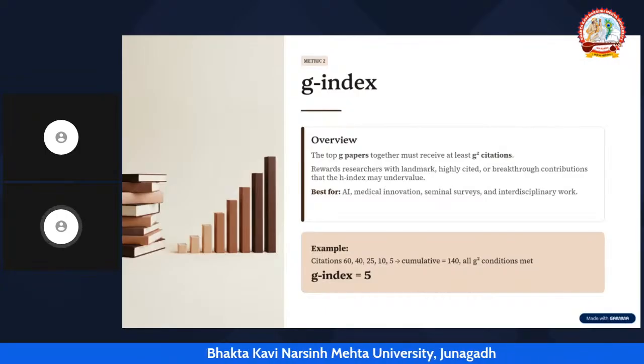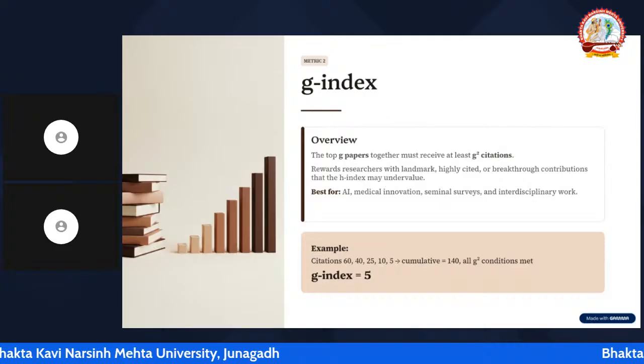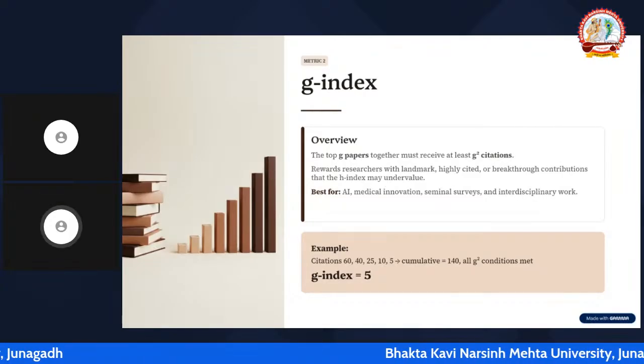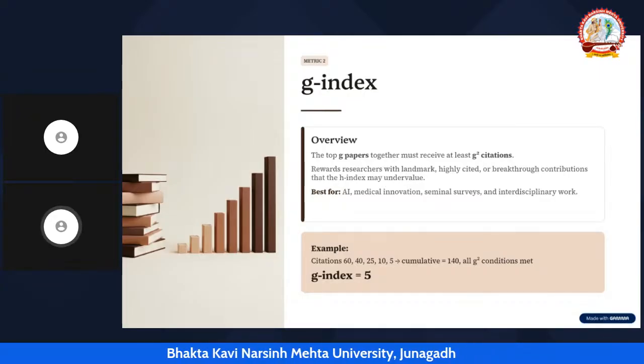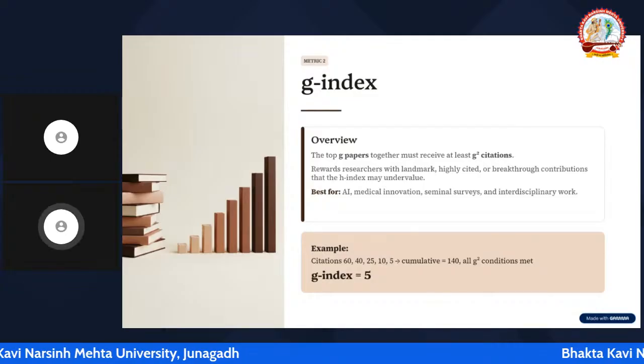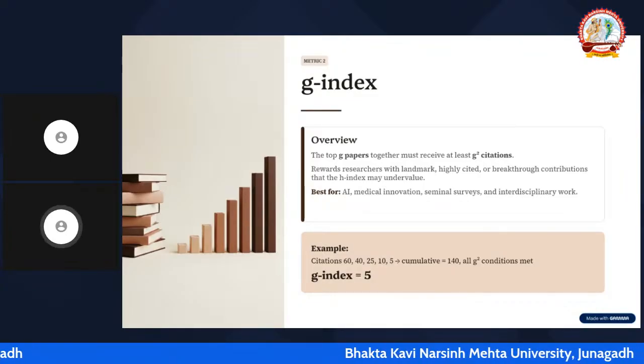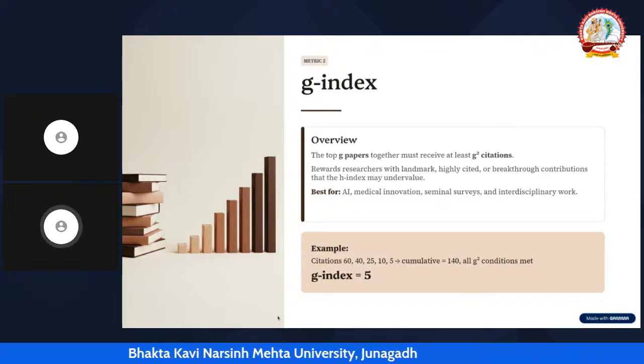Now another one, that is the G index. That is a somewhat critical aspect, and Web of Science is using it to calculate CiteScore or a particular author's visibility. They are using the G index: G papers means at least G square citations.